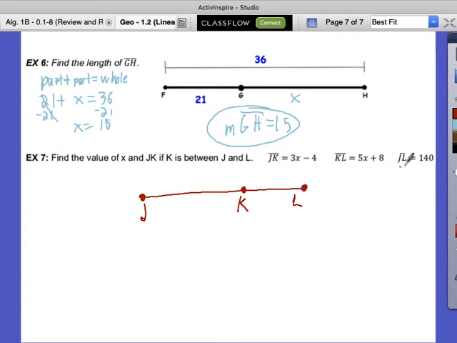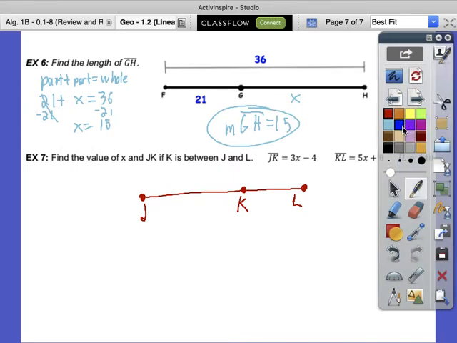Next, I'm going to fill in the other information I know. I know the measure of JK is 3x minus 4. From J to K is 3x minus 4.